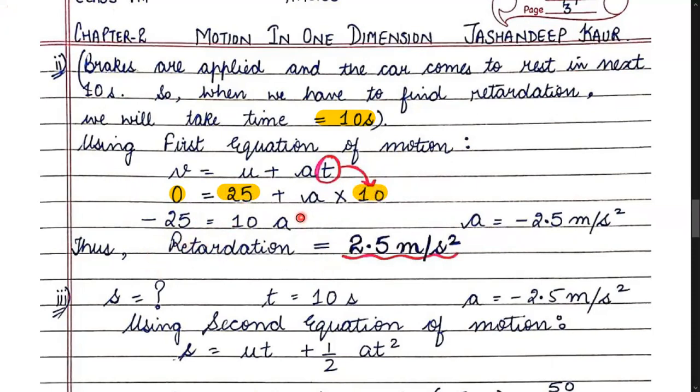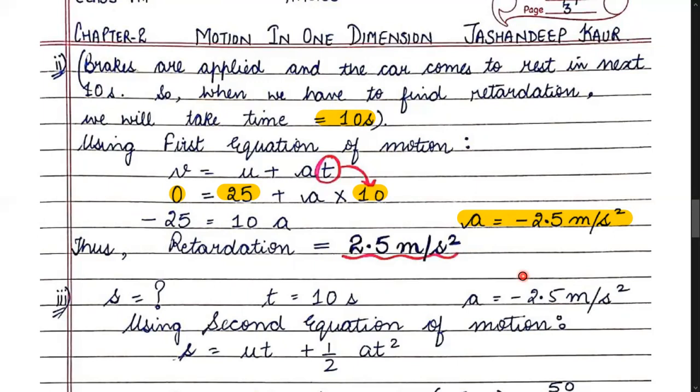So here your acceleration comes out to be negative, that is minus 2.5 meter per second square. So thus the value of retardation is 2.5 meters per second square.